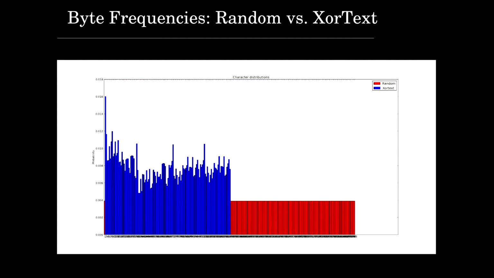Plaintext is different from random characters, right? You expect letters, you expect punctuation, at any rate, the distribution is different from random characters that are distributed evenly. This is not the plaintext distribution, this is the XOR text distribution. This is the distribution that you get if you pick a random character from the plaintext distribution, and then another random character from the plaintext distribution, and you XOR the 2 of them.